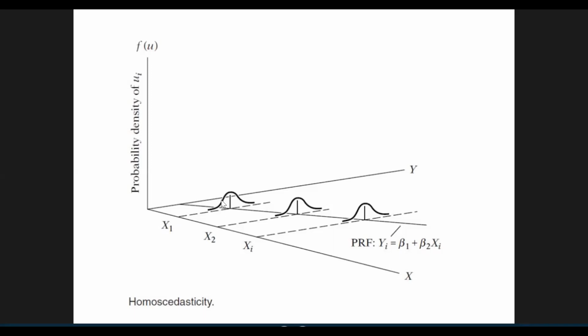So by squaring, we will have this curve. For the second value of x2, we have the same variance, and so on, which means that for each given value of xi, the probability density of Ui has the same variance.